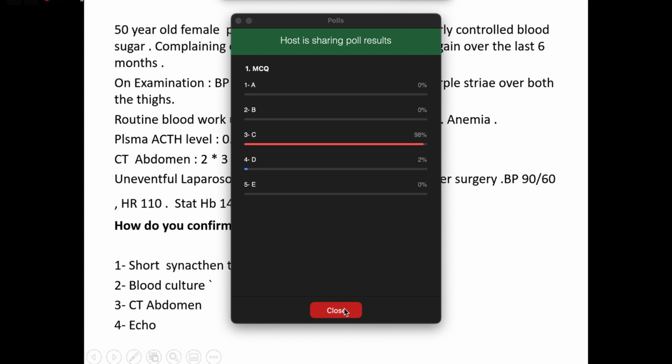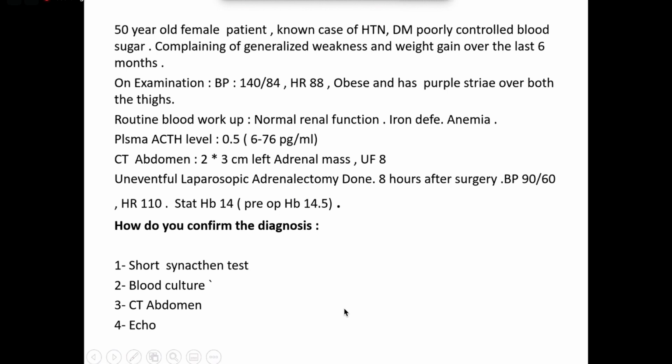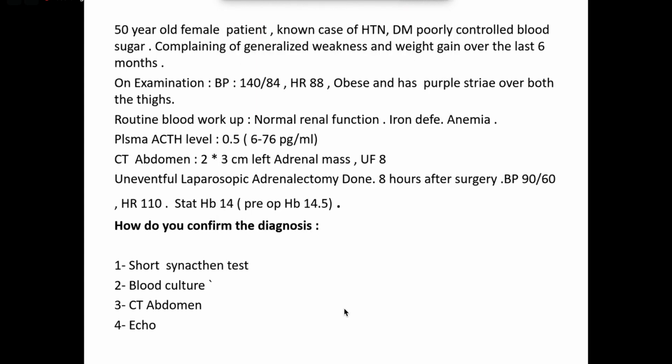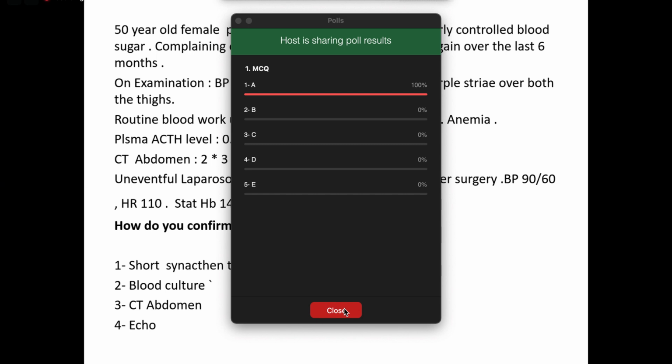So how do you confirm the diagnosis of acute adrenal insufficiency? Short synacthen test.